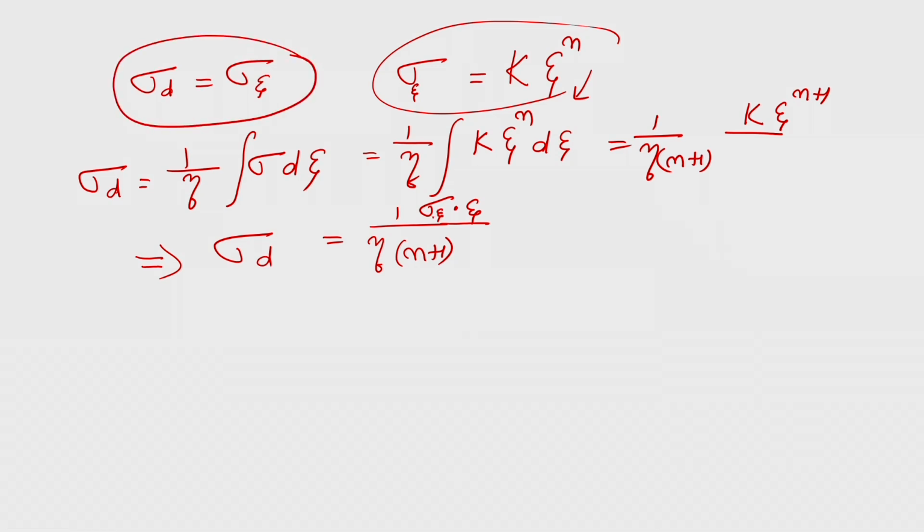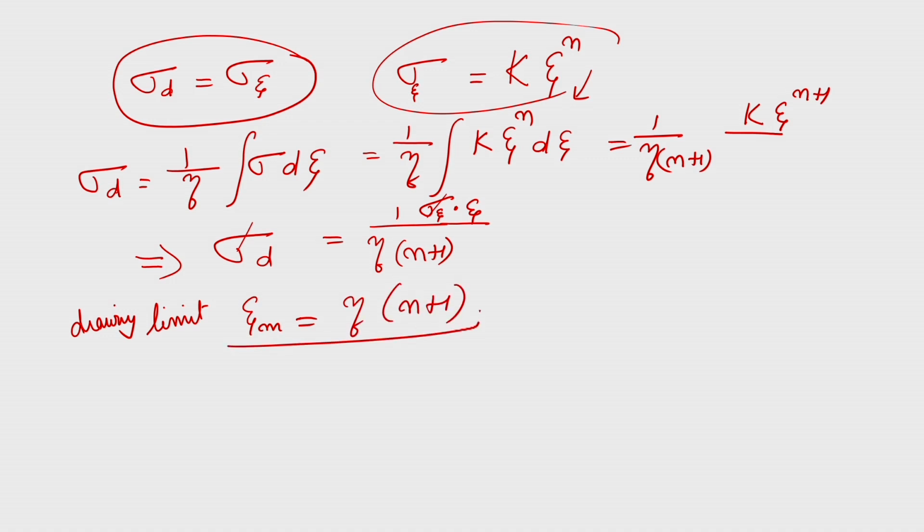So, sigma epsilon will get cancelled off, and you will get the drawing limit, epsilon max, equal to eta into n plus 1. That is the maximum limit for the drawing operation.